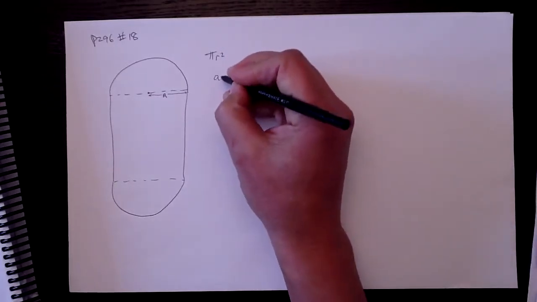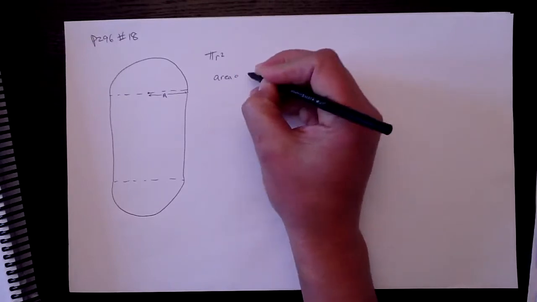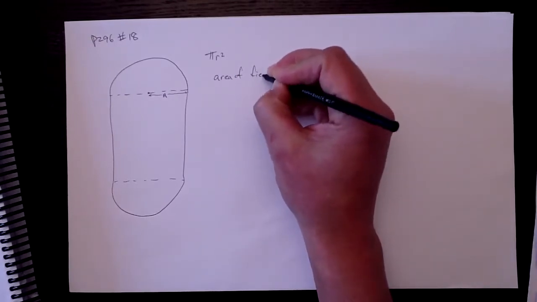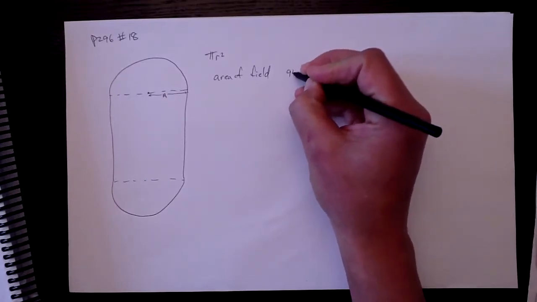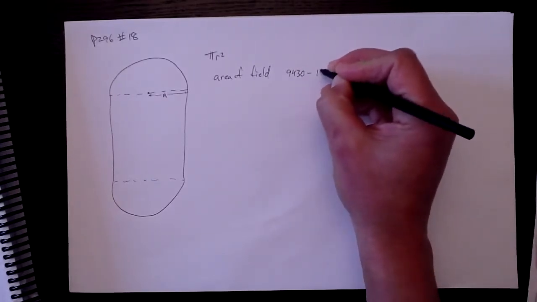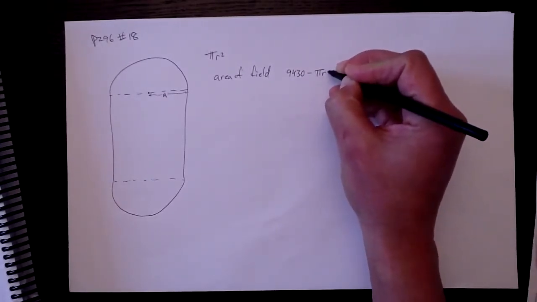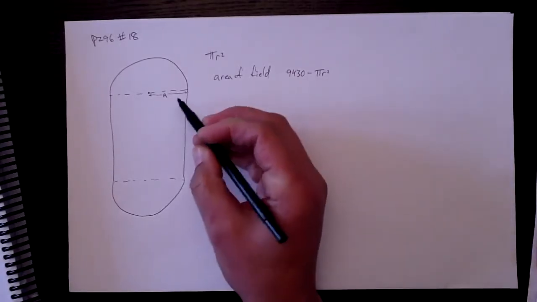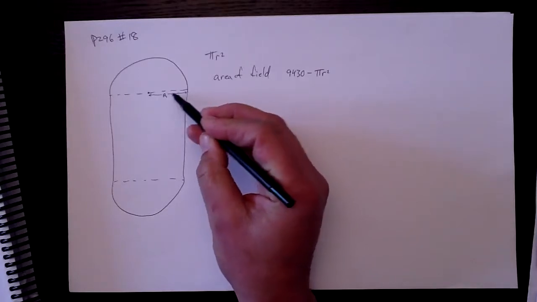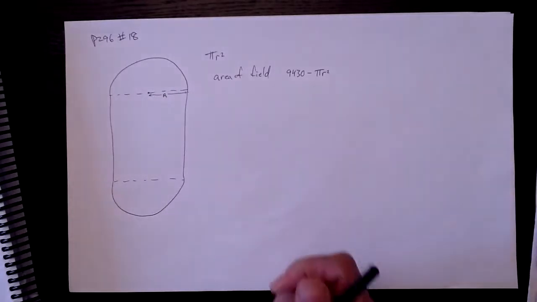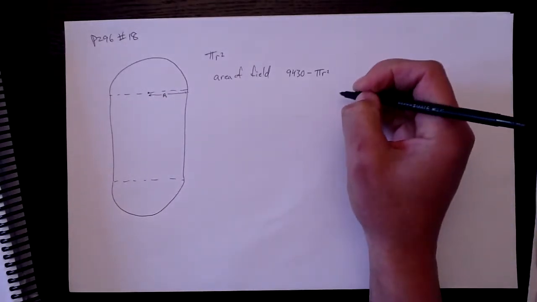So area of field is 9430 minus pi r squared. And that's relative because we're going to do a calculation based on the area of this field space, this rectangle, a little later.